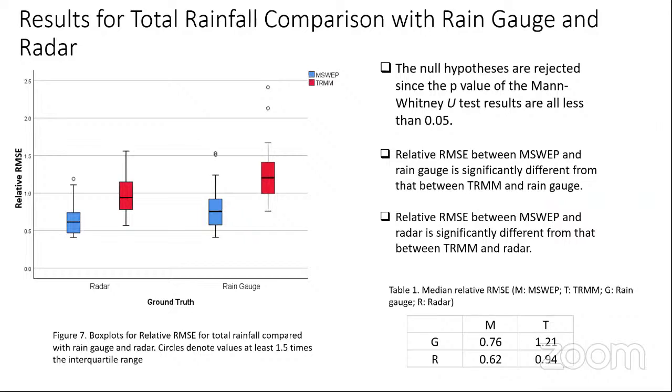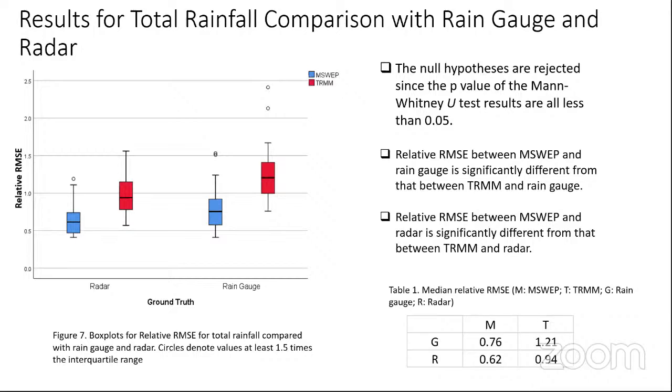For the results, for the total rainfall comparison with the rain gauge and the radar, based on the result, we can reject the null hypothesis. So it means the relative root mean square error between the MSWEP and the rain gauge is significantly different from that between the TRMM and the rain gauge. And similarly, the same conclusion for the radar.